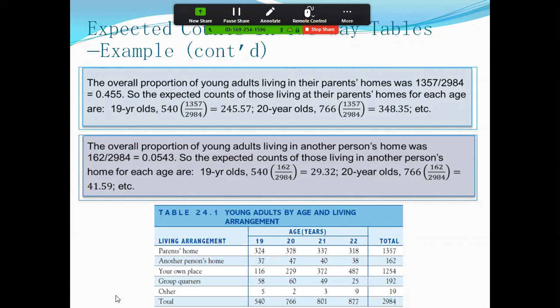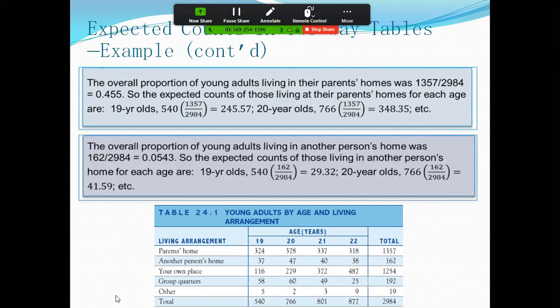So we take the proportion of people living in that situation out of all people, and then we multiply it by the number of people in that certain age group, because if about 5% of people are young adults living in another person's home, like your aunties or your grandmas, or even a friend's house, then you expect 5% of 19-year-olds to be in that situation, 5% of 20-year-olds to be in that situation.